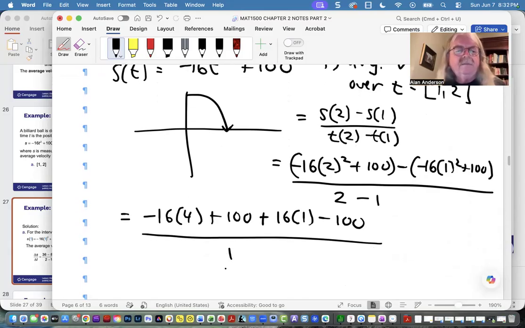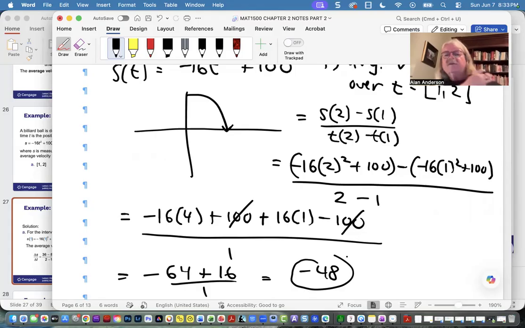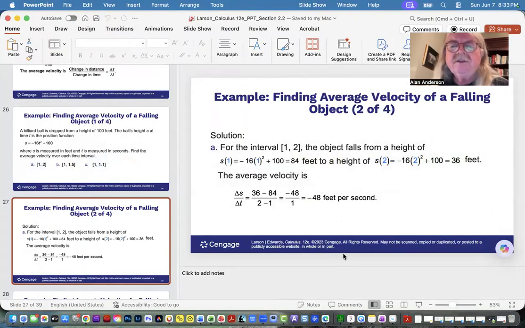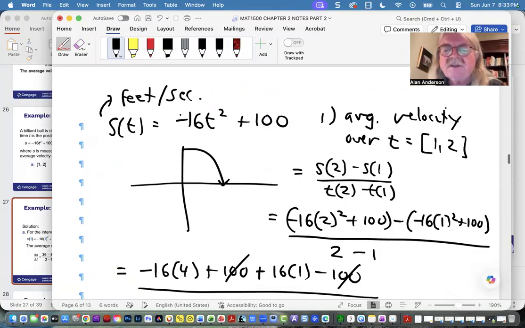All right, what do we have here? Minus 64. The hundreds drop out. Now, that would, of course, refer to the fact that it's falling. That's why it's negative. And because this function is measured as feet per second, that means that so is this 48.